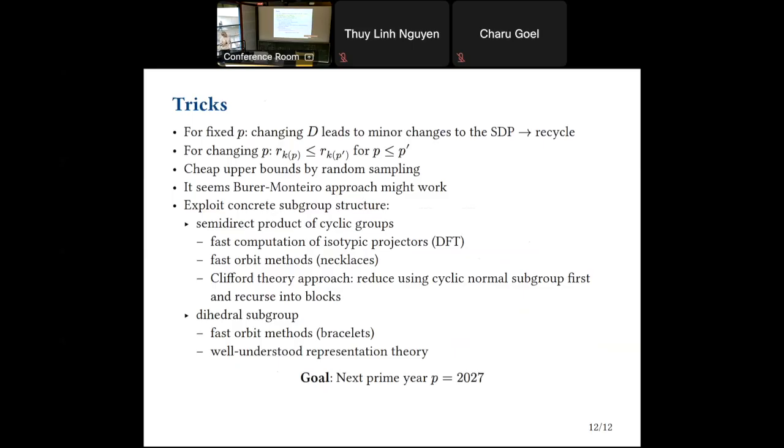We can use previous knowledge, so if we change P, there are relations between growing P, so we get lower bounds from that also, which determines where we can start with D for the next one. We get very cheap upper bounds by just random sampling, right?